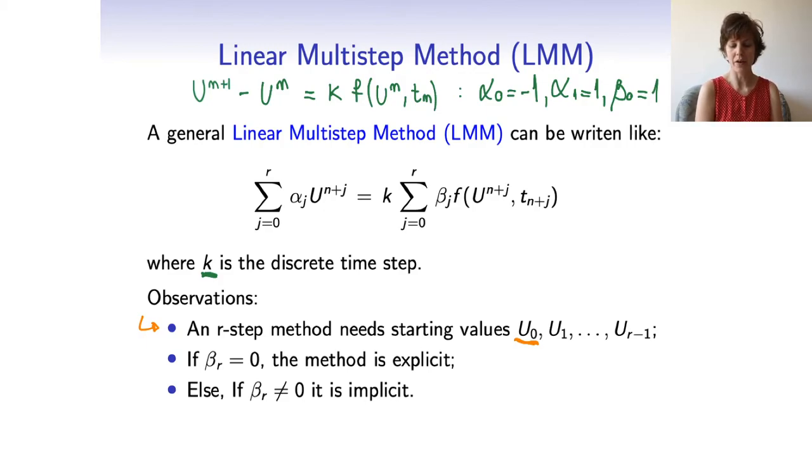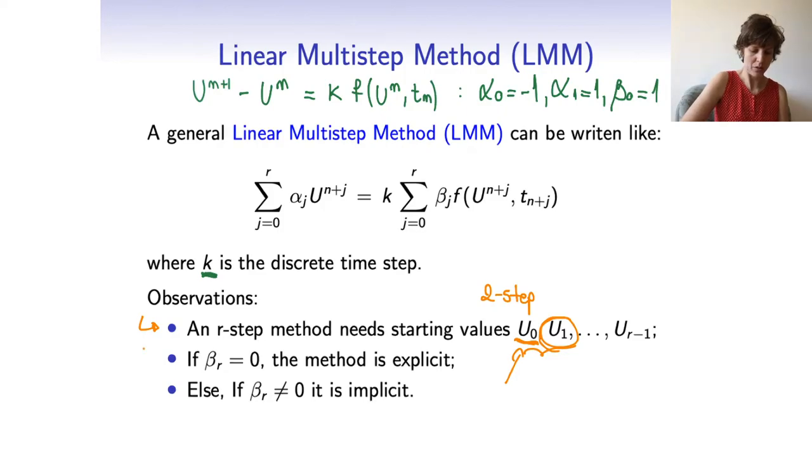But if we have a two-step method, then we need u0 and u1. If it's an initial value problem, the u0 is given, and for a two-step method we would need to calculate the u1 using another approach, another one-step method, okay? So we would have to find a way to calculate some approximation for these starting values.